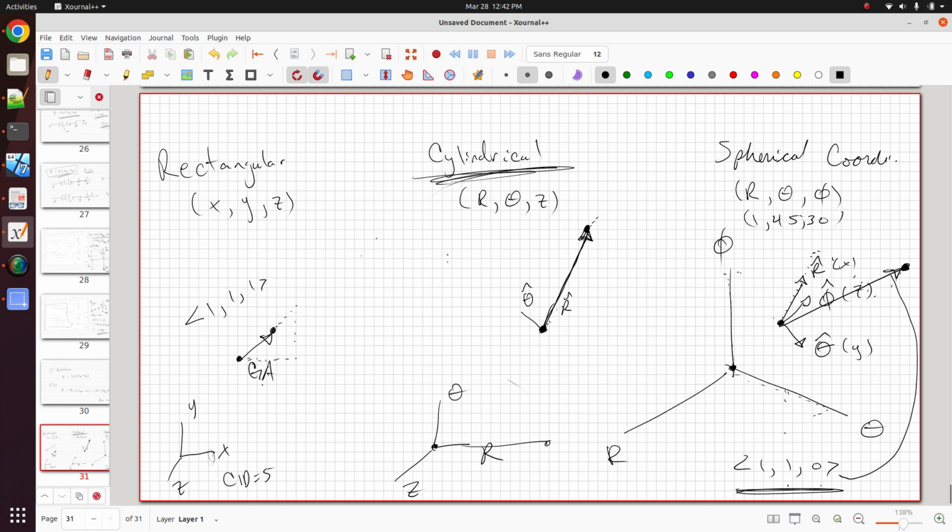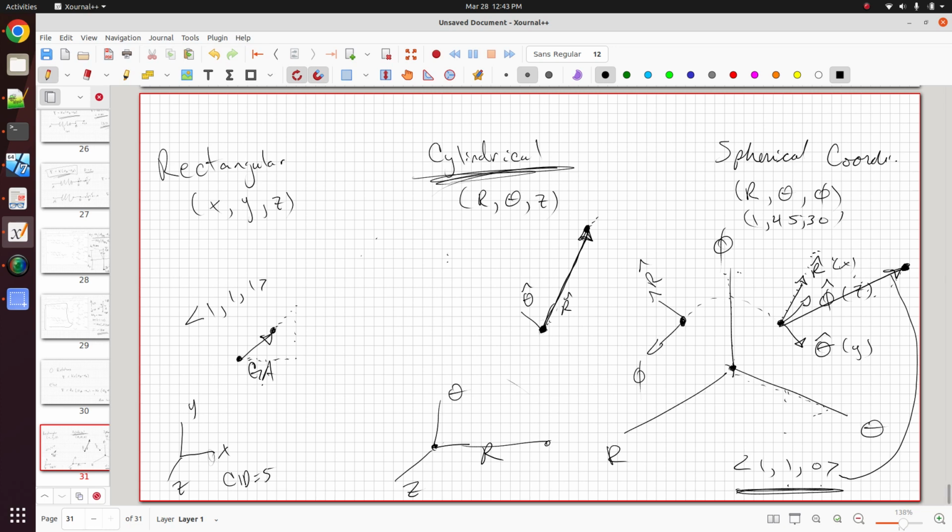So wherever you are, let's go ahead and suppose we have a different point. Here, the unit vectors are actually different. The unit vectors might look something like this. This is r hat. And then my phi, let's go ahead and assume phi is in this direction. I could be wrong.